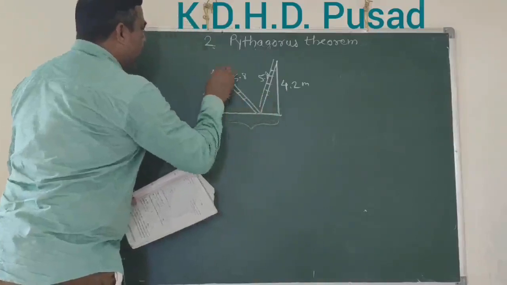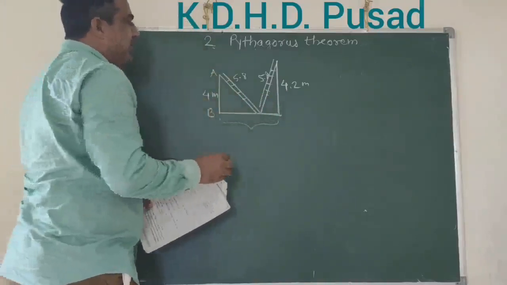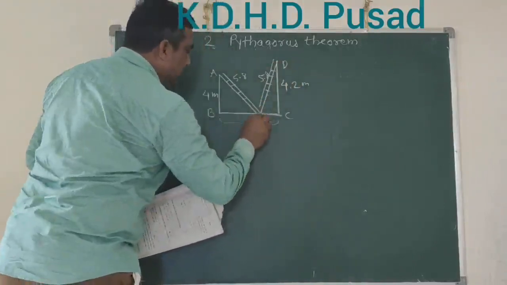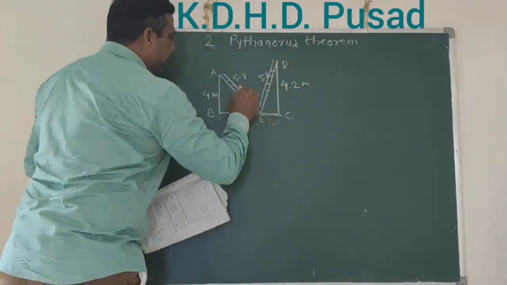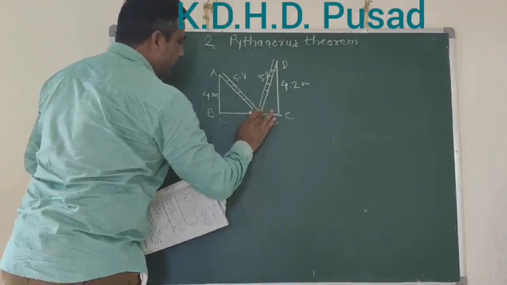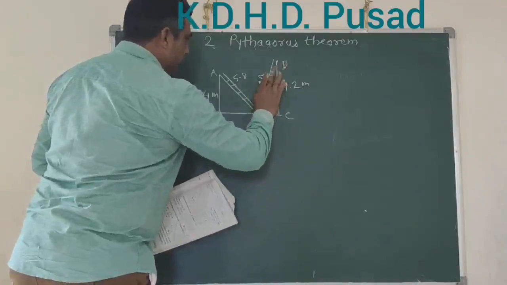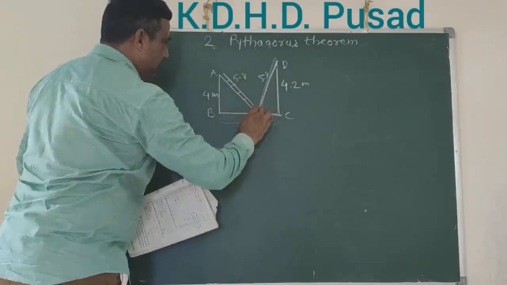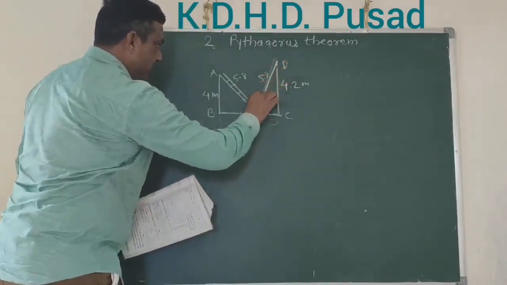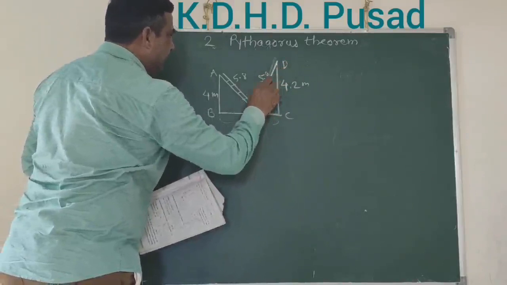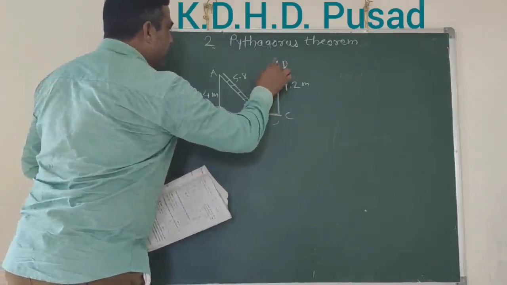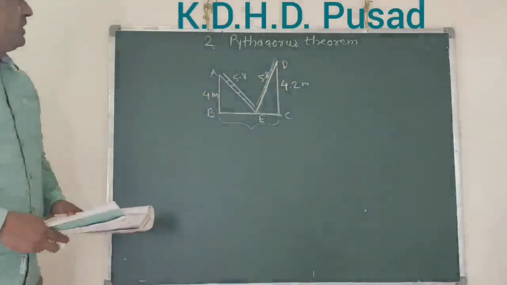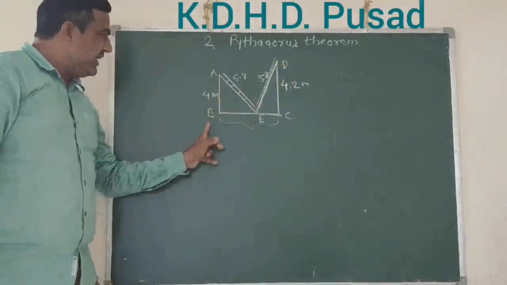So here if we consider AB is wall of one building, CD is wall of another building, and this is E. That is the ladder. That is the same ladder after turning. Now the question is, find the width of the road.